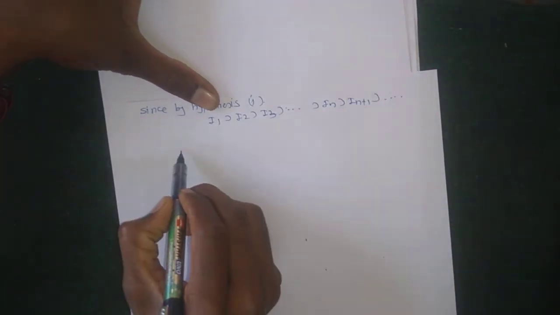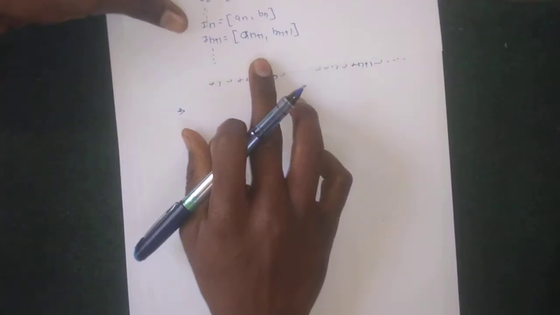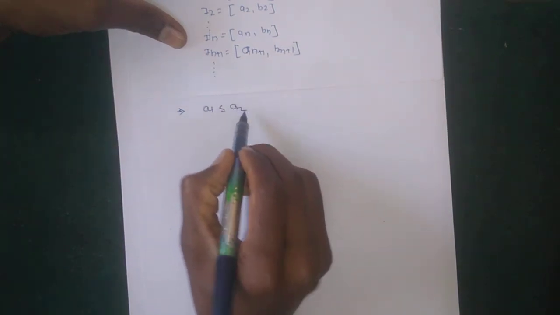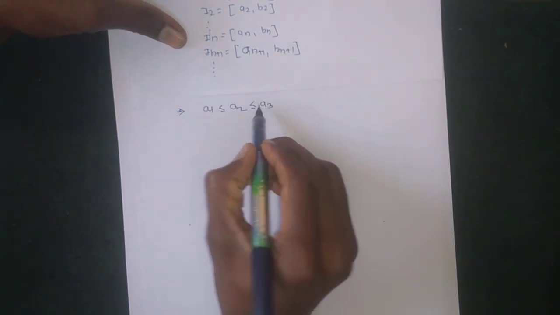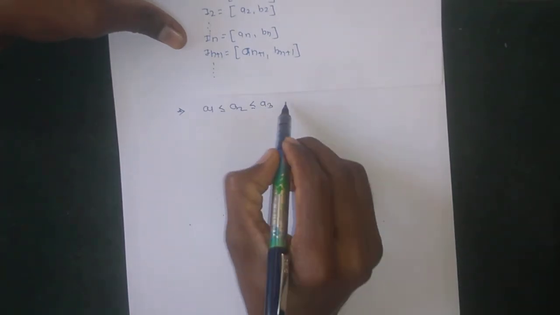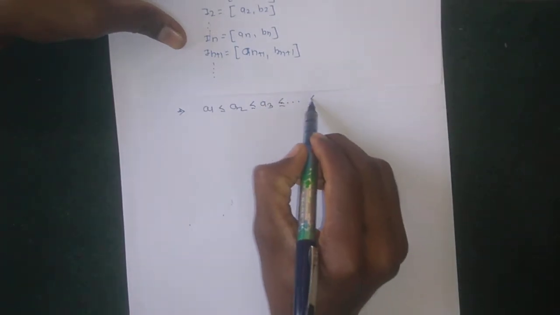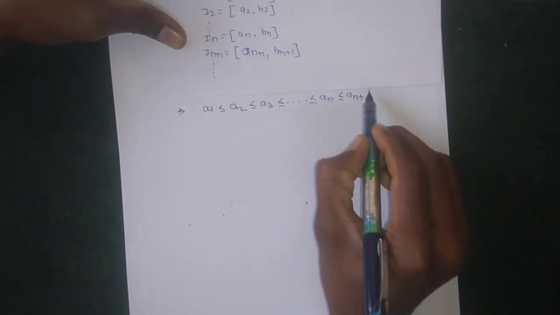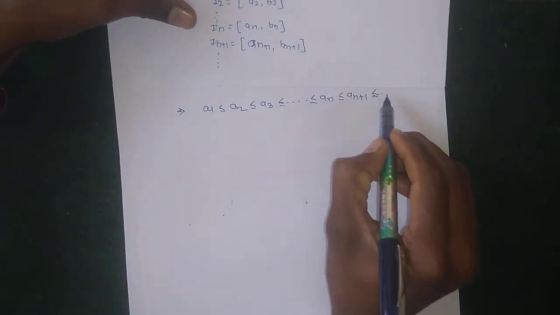Which implies that A1 must be less than or equal to A2, must be less than or equal to A3, and so on, less than or equal to A_{n+1} and so on.